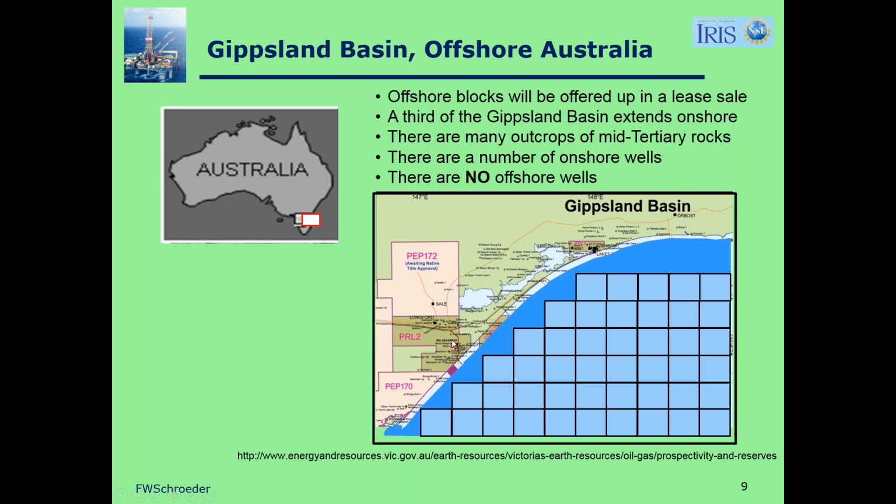We have one gas field that is economic down here, and we have a set of widely spaced 2D seismic lines in the offshore to try to do our analysis. So a certain number of offshore blocks are being offered by the government. A third of the basin is onshore, where we can get some information. There are no wells offshore. There are a number of wells that are onshore.